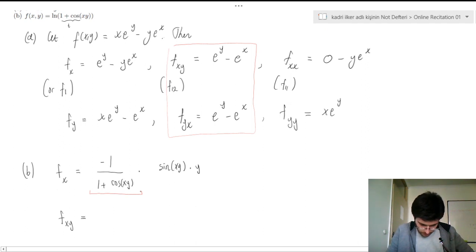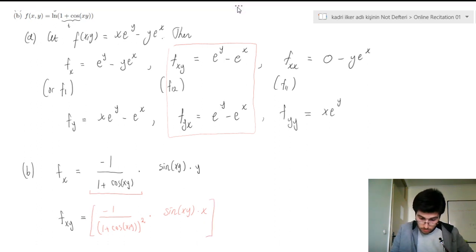If you differentiate this with respect to y, first you have some kind of a quotient. Therefore, you have something like 1 plus cosine xy squared, I guess. And times, again, the same story, minus sine xy, but now times x, because we differentiate with respect to y. This is the first part.